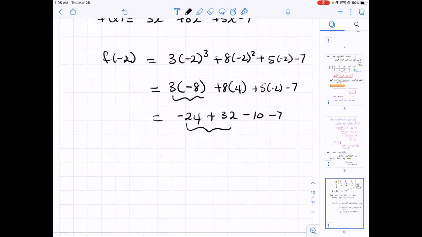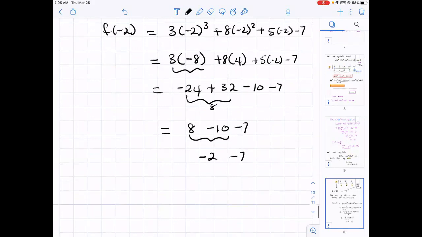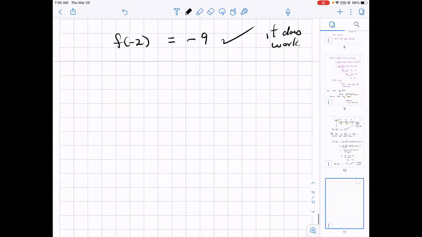Minus 24 plus 32 is positive 8. Minus 10 minus 7 becomes minus 17. And then here I get negative 9. So f of minus 2 is negative 9. So it does work, and that's something you will see always. It will work.